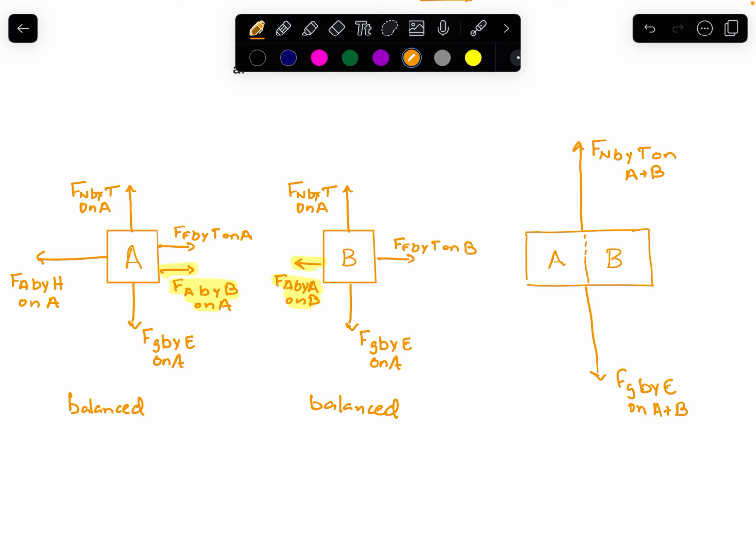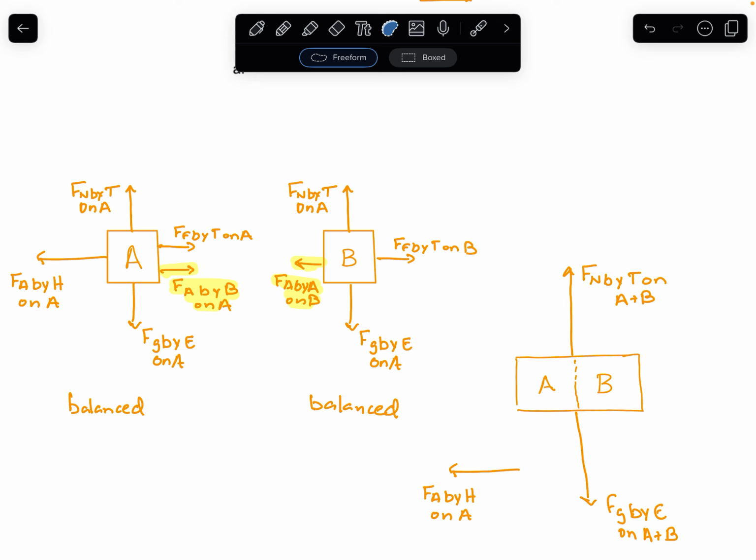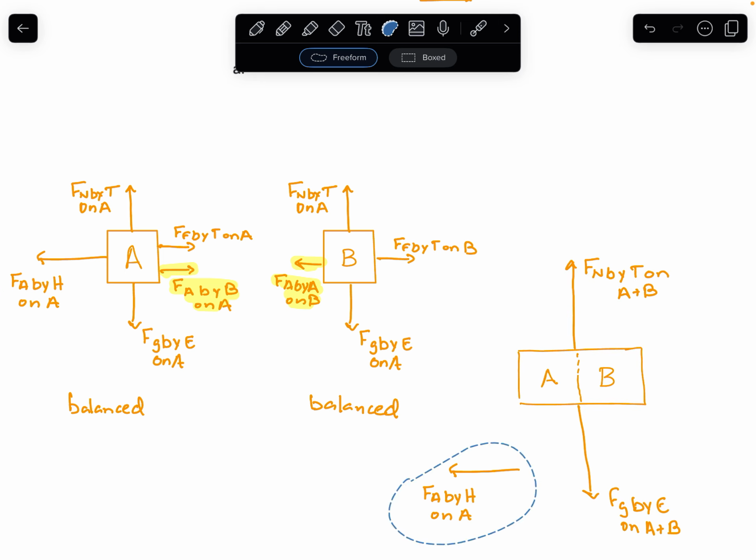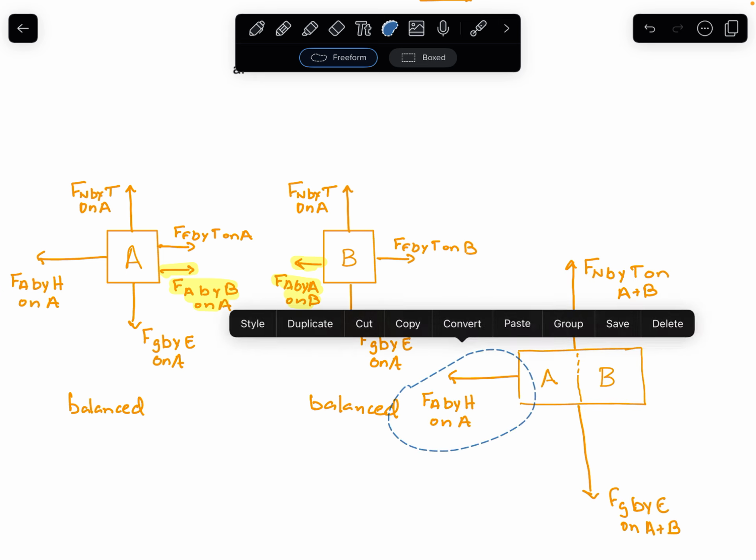So one thing that's going to happen is there is still going to be friction, and there's still going to be an applied force. So let's bring the applied force over first. Oops, I'm out of room. Go there with the applied force.